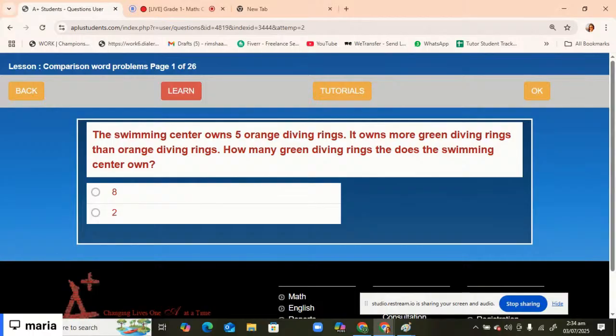One is 5. Okay, these are orange diving rings and they are already mentioned in the question. Green diving rings are more as compared to the orange diving rings. So which number is greater than 5, 8 or 2?